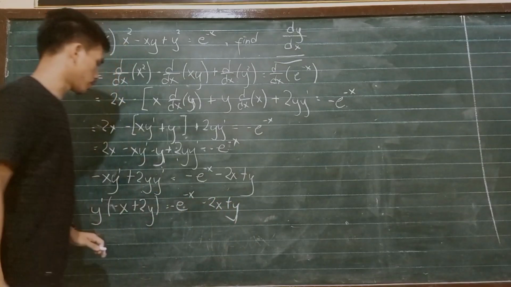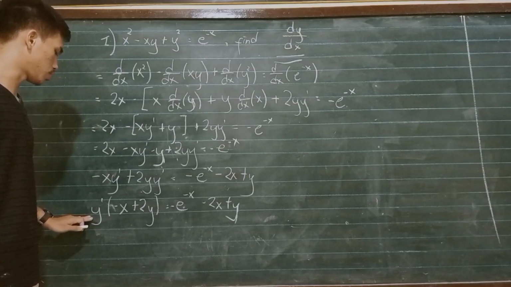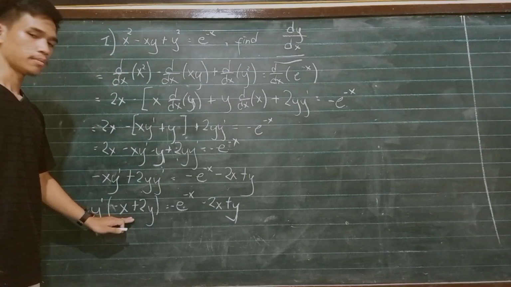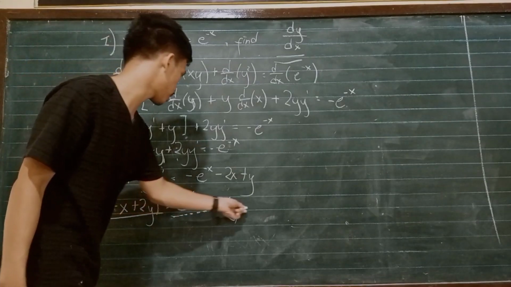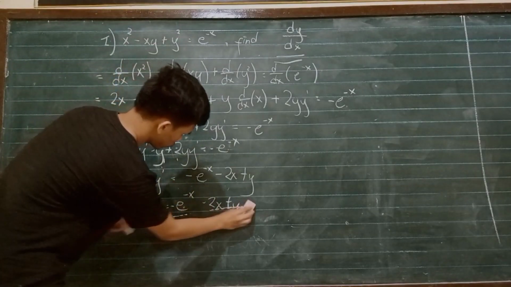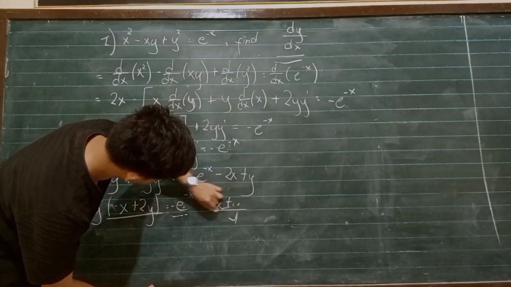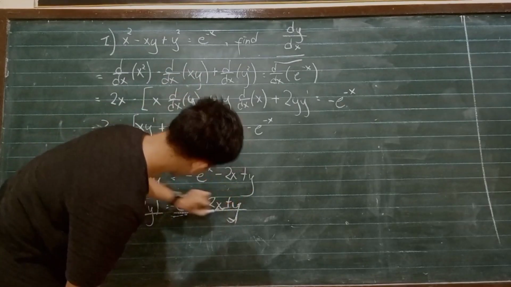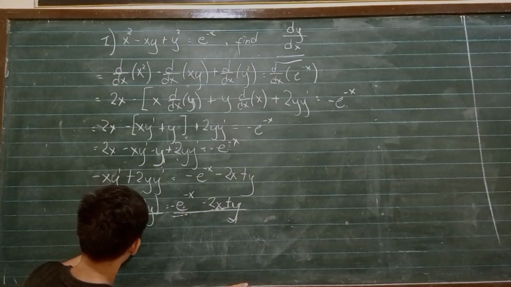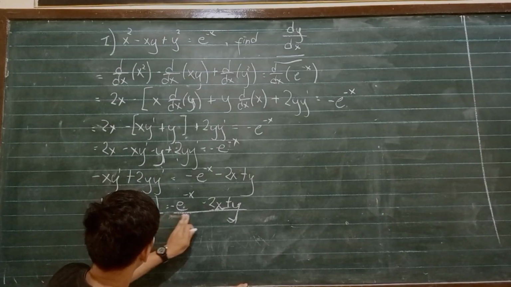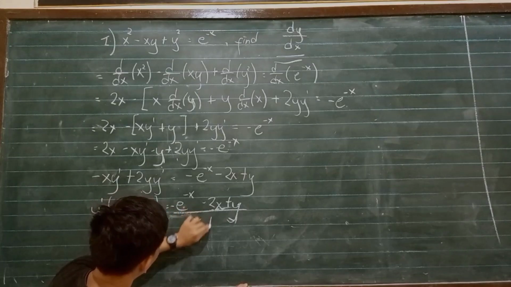And after that, in order to remain only the y prime here, we need to cancel this out by dividing both sides by negative x plus 2y.